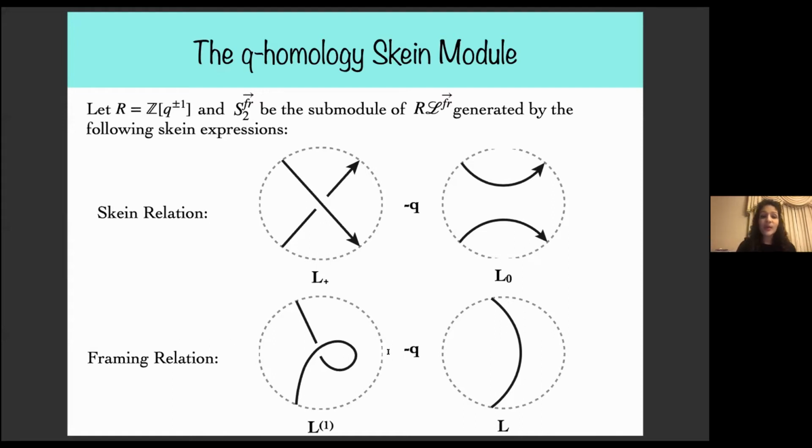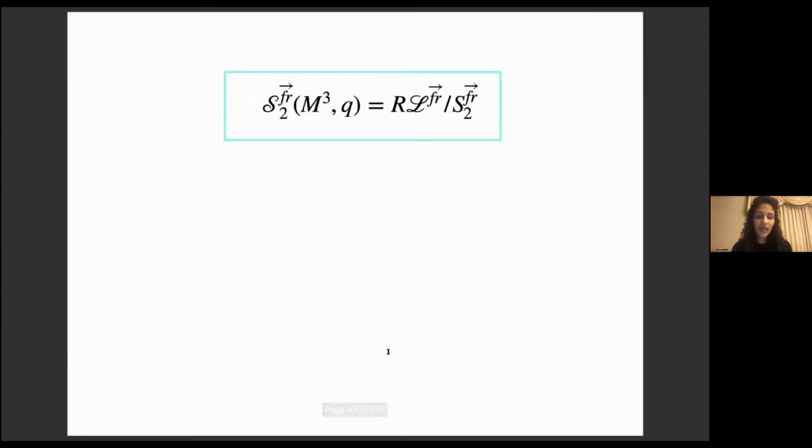And then once we mod out by this submodule, the resulting module that we get is known as the q-homology Skein module, which is denoted as S2 FR with an arrow.